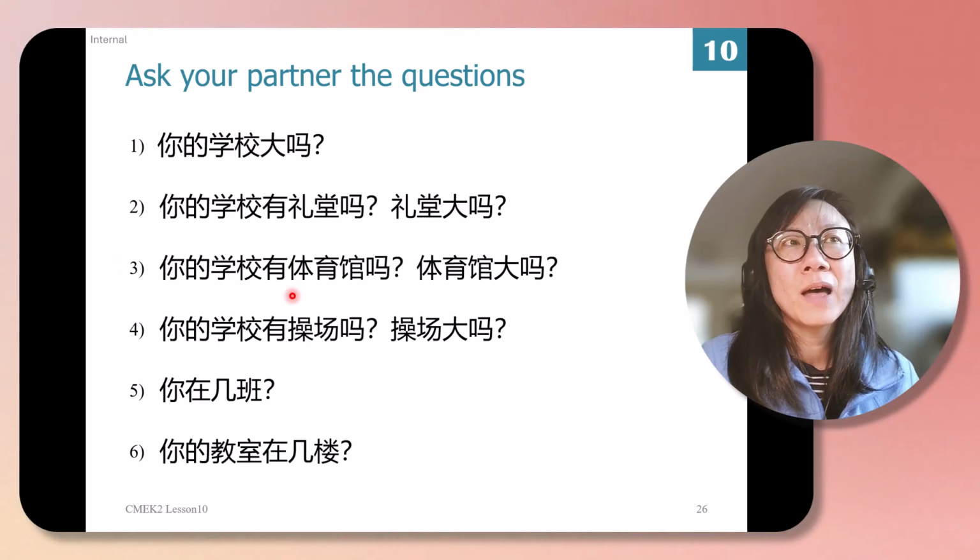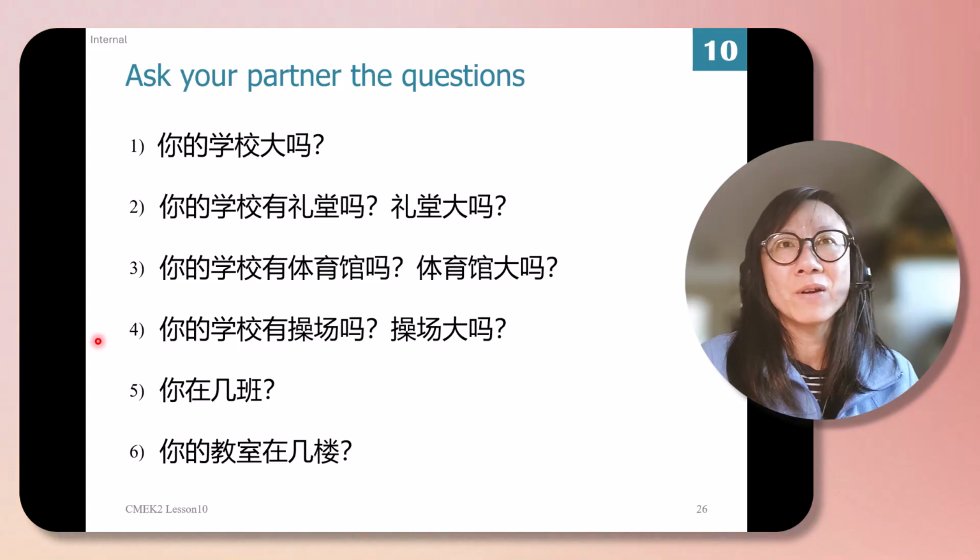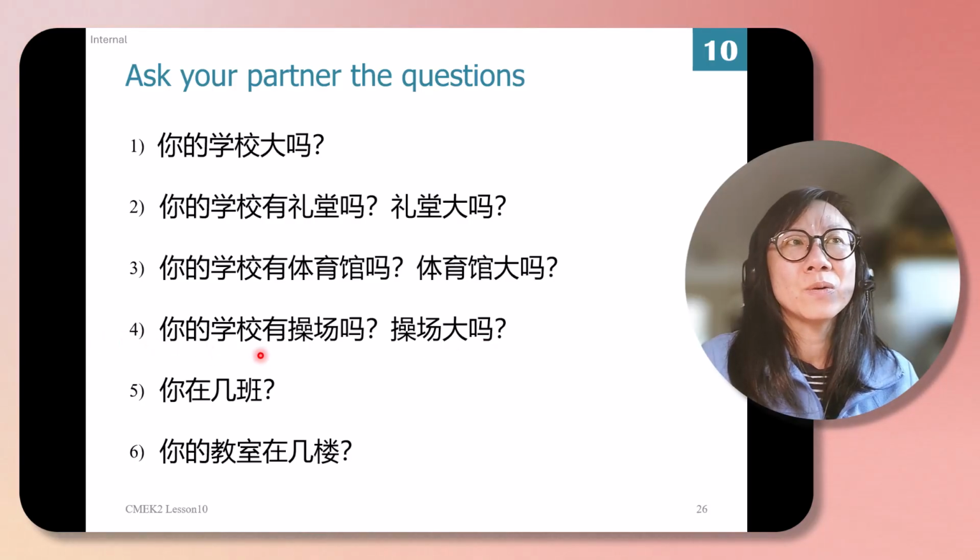Does your school have the gym? And is it big? Number 4, 你的学校有操场吗？操场大吗？ And that's again very similar. Does your school have a playground? Is it big?